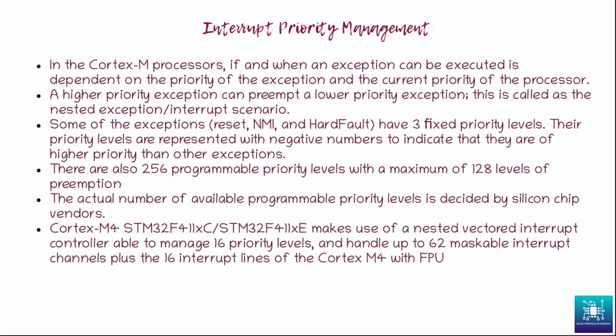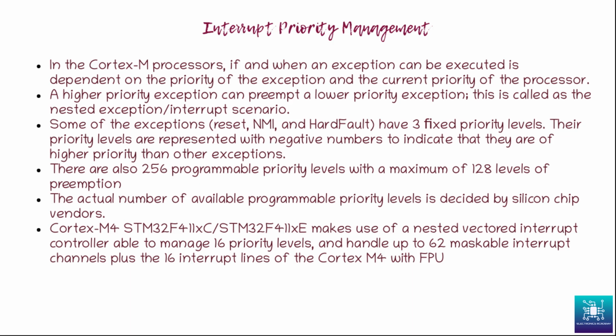It depends on the particular Cortex variant as to how many programmable priority levels are designed into the processor, because a higher number of priority levels increases the complexity of the processor design. And of course, that is what is mentioned in the next point. The actual number of available programmable priority levels is decided by the silicon chip designers.